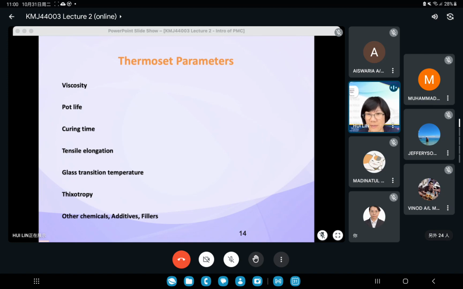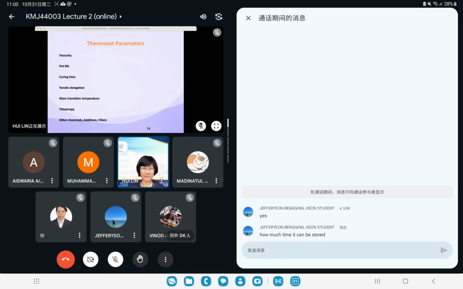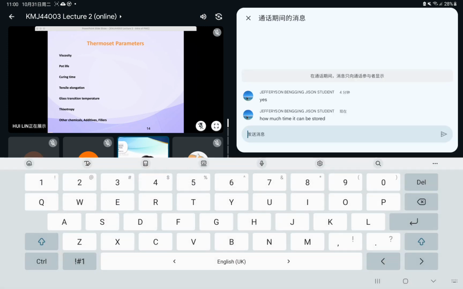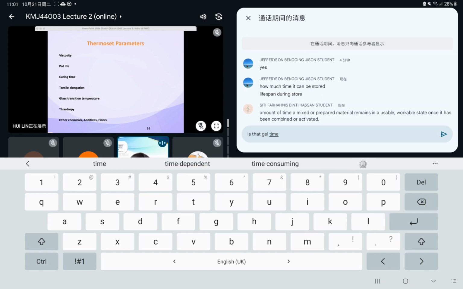Okay, so what is meant by pot life? What is meant by pot life? Someone has typed it. Jeff, how much time it can be stored? Lifespan during store. Jeff, how about shelf life?